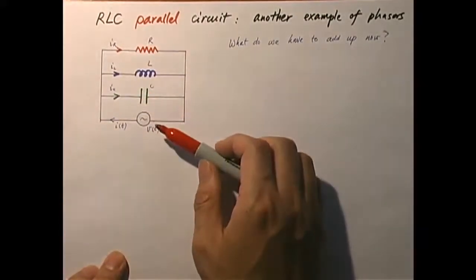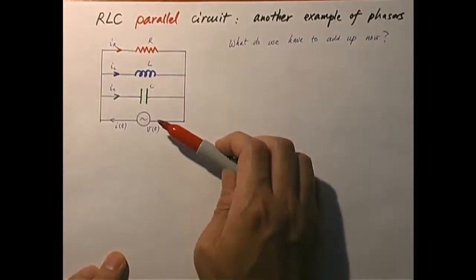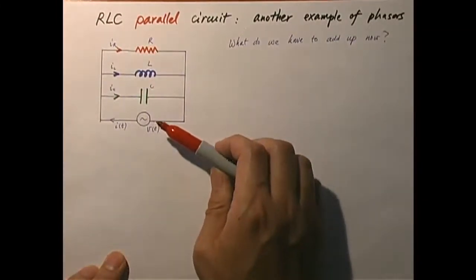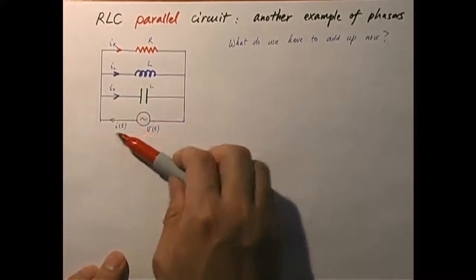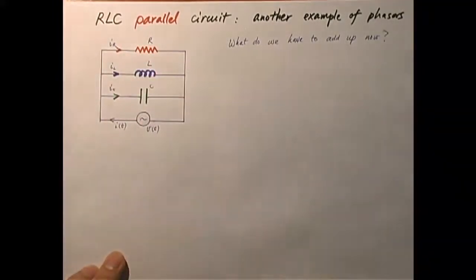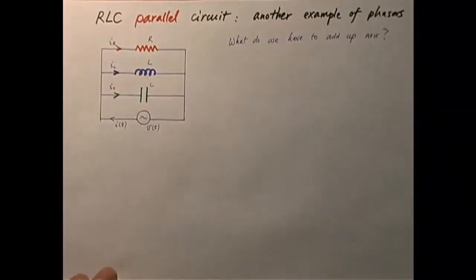Now, instead of adding voltages up for the series circuit, what do I add? Well, I have to add the current, right? This total current is a sum of these three currents. So, in a phasor diagram, before, I drew a whole bunch of phasor vectors for the voltages, because then I have to add these voltages up, right?